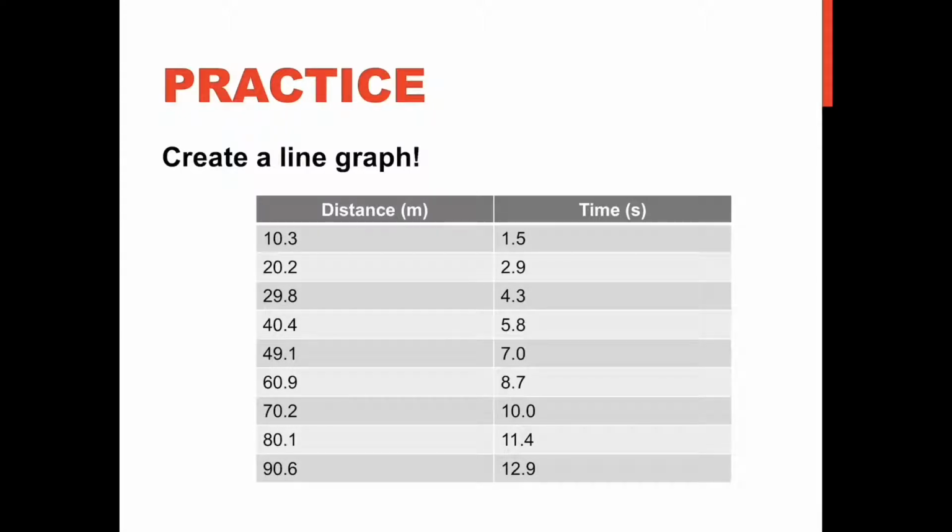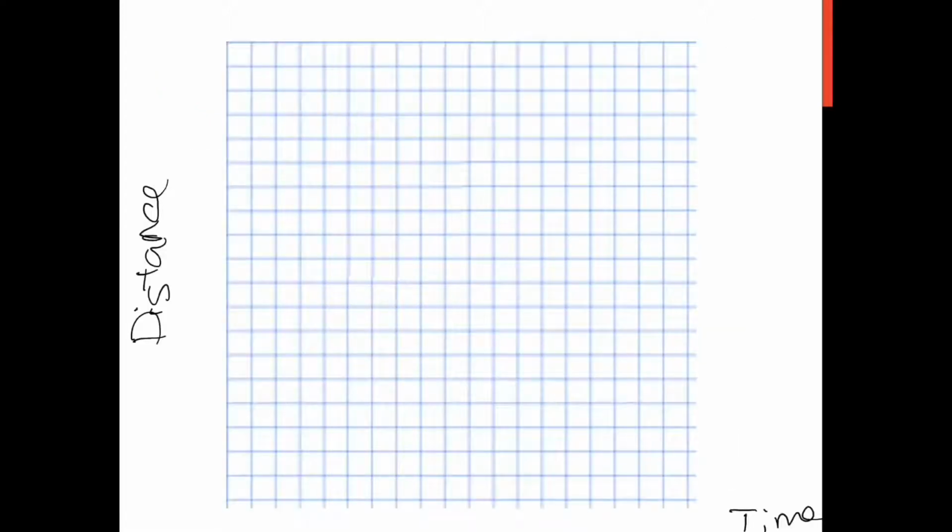So now, let's look at our ranges. Well, it looks like our lowest number for time is 1.5, and our highest is 12.9. So we have to come up with a scale that goes in between those two things.